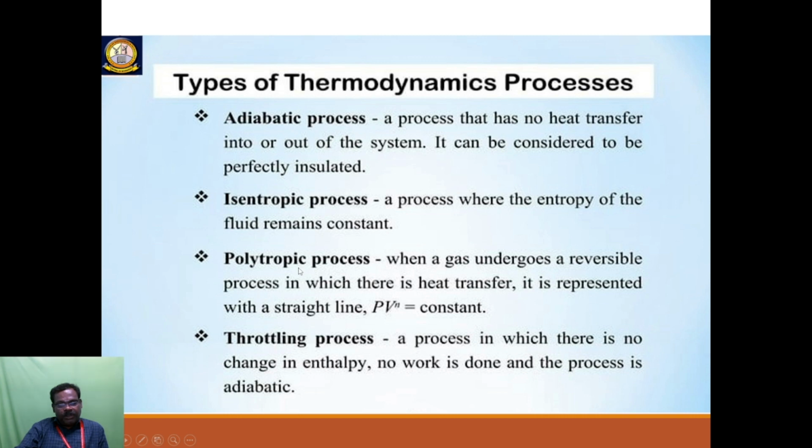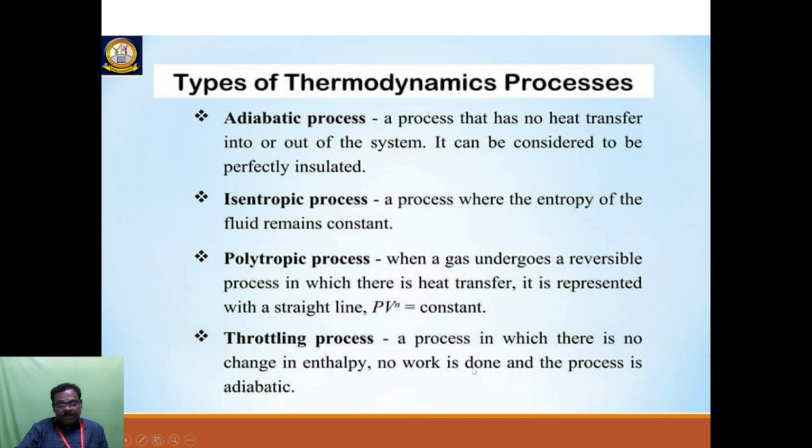We have one more thing, the polytropic process. The polytropic process follows the law PV^n equals constant. Then the next one is the throttling process. In this process, there is no change in enthalpy and no work is done.